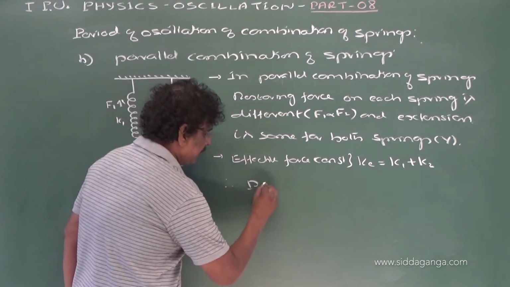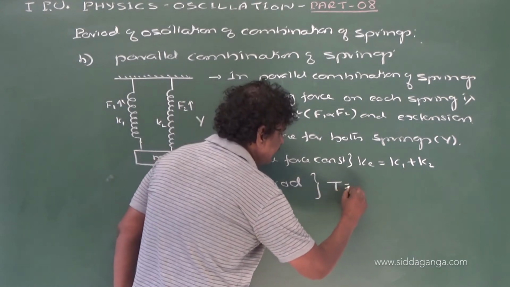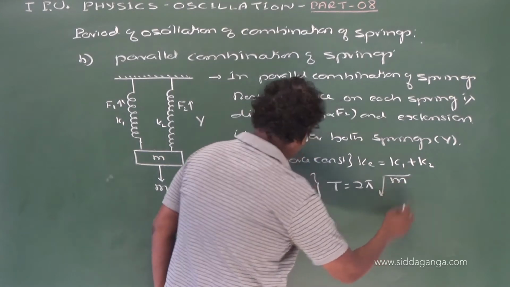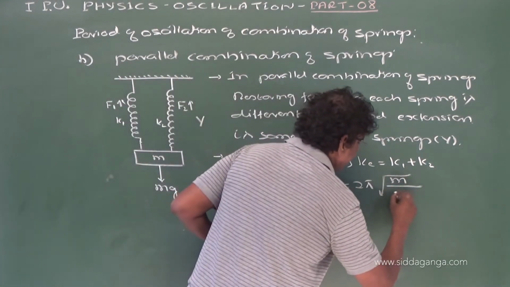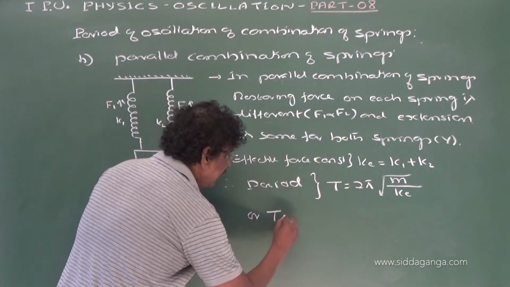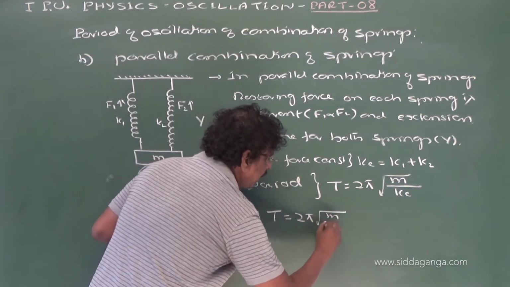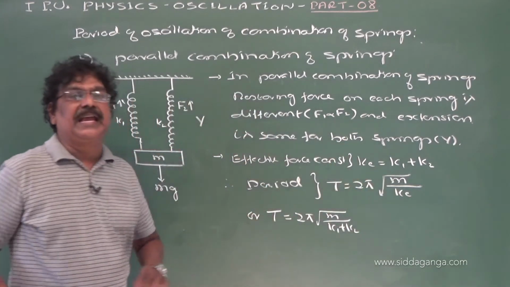Therefore the period of oscillation T is equal to 2 pi into square root of m by Ke, or T is equal to 2 pi into square root of m by (K1 plus K2).